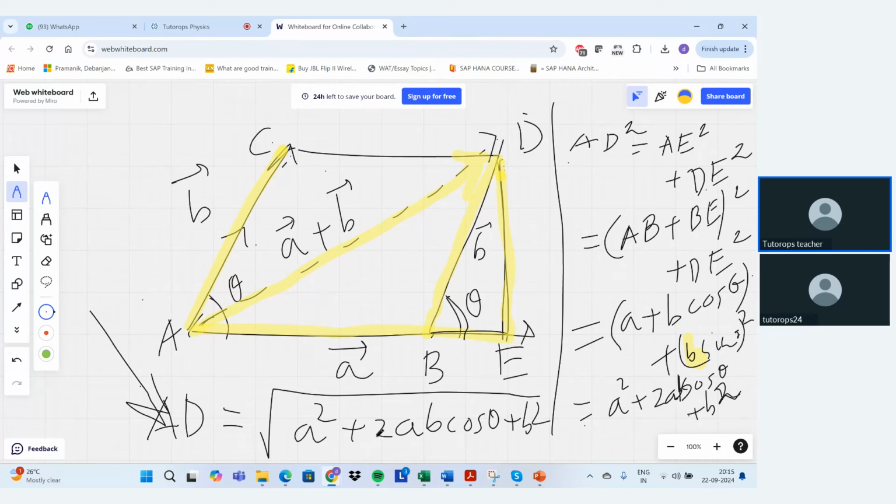So this is my AD. The 2AB cos theta means the angle between the two vectors will determine the overall resultant vector AD. So we got the AD concept.